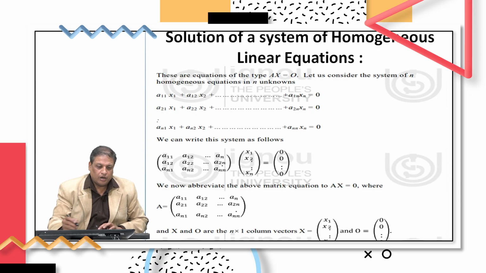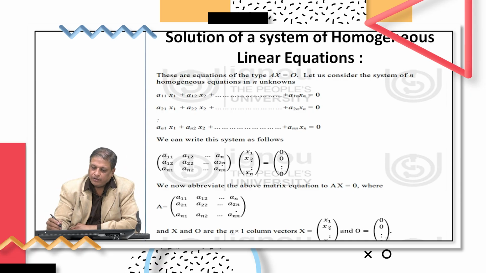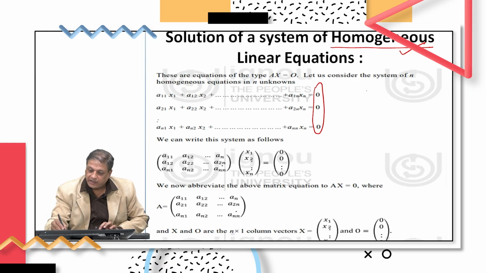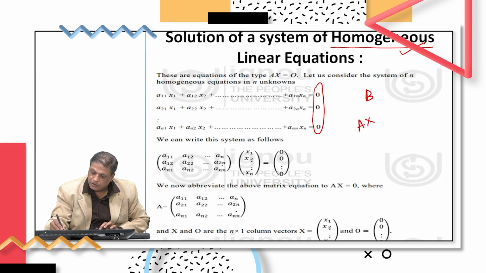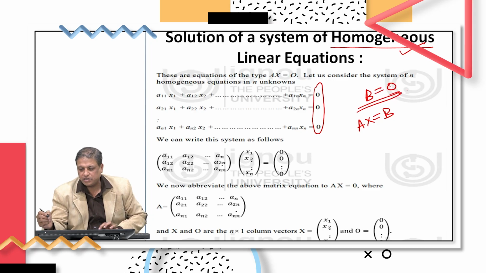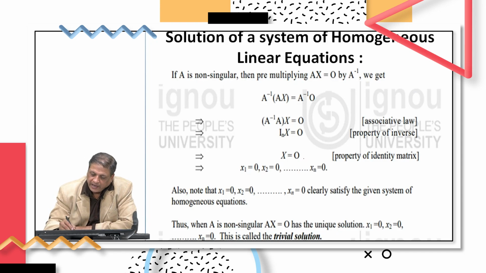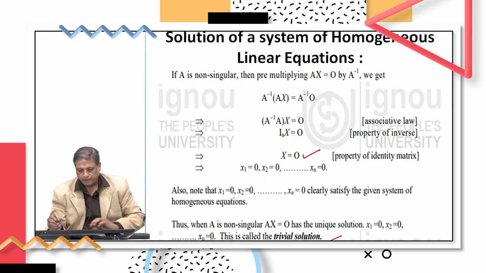Now, as we had already discussed, when the right hand side of the linear equation turns out to be 0, then the system of linear equations is homogeneous. So that means the matrix B in Ax is equal to B is 0 in the homogeneous system of linear equations. Based on that, you will get that the value of x turns out to be 0, which is nothing but a trivial solution.